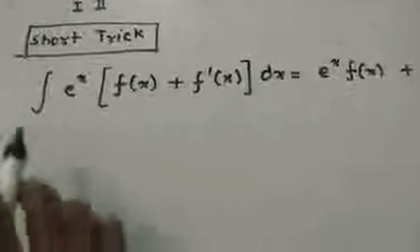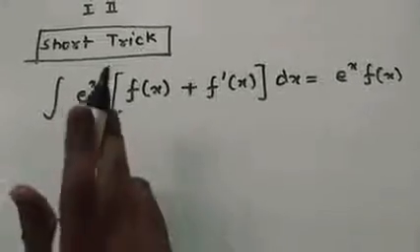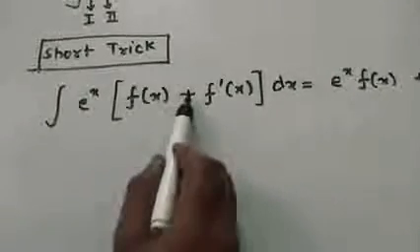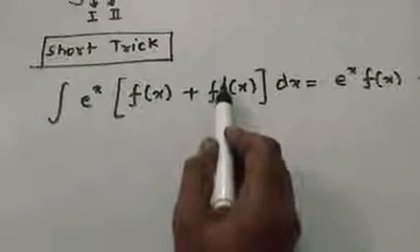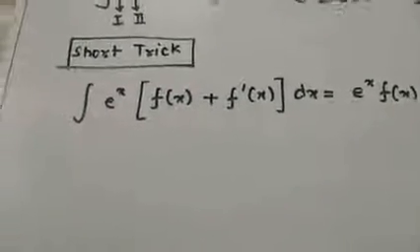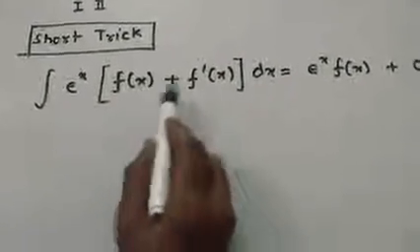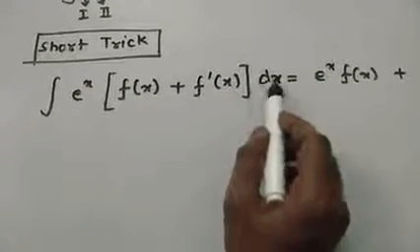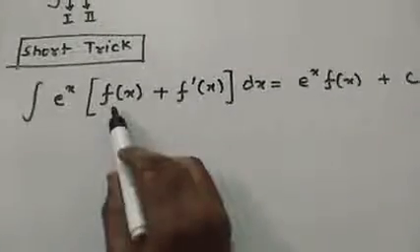The note says that if you are integrating e to the power x, and in a bracket you find two terms, one is f of x, your function, plus the other term is the derivative of f of x, which I write as f dash x, where dash denotes differentiation of f of x, then the answer is directly e to the power x into f of x.